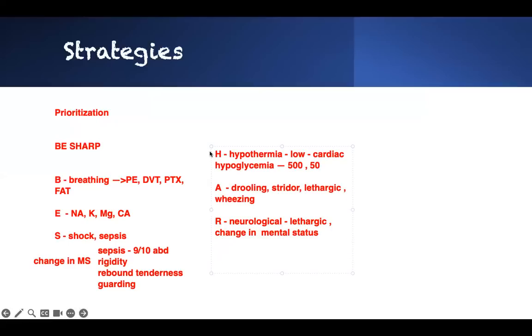And finally, P, which always traps people, is pain. We all have pain. We all go to the emergency room with pain. We want to be taken care of. But not every pain does the nurse have a chance to take care of. Which pain? Pain that will make you lose your limb, life, or eyesight.